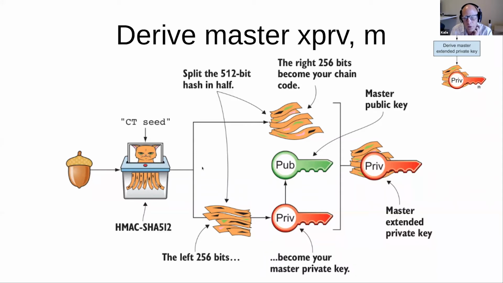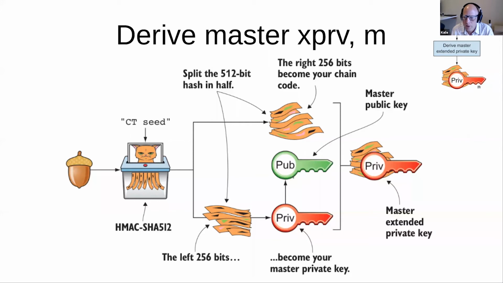The 512-bit output is split in half, and the left 256 bits become your new master private key. And the right 256 bits become your chain code.